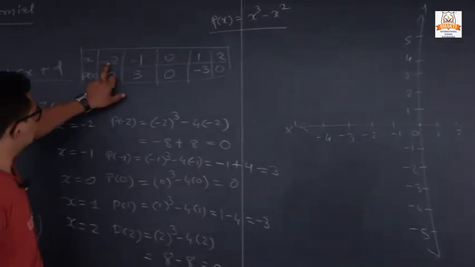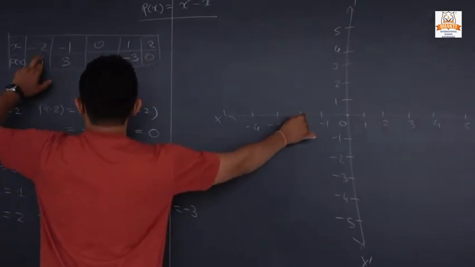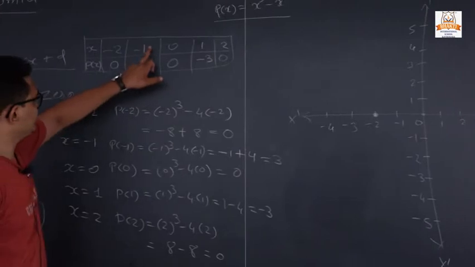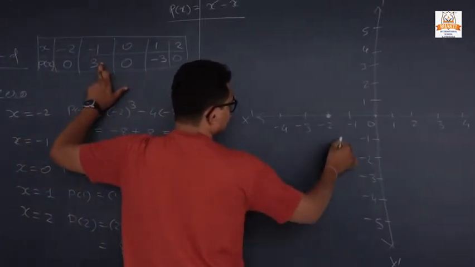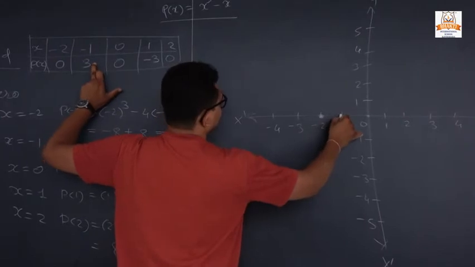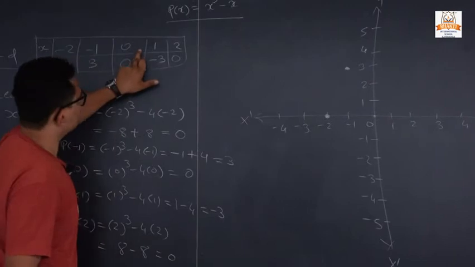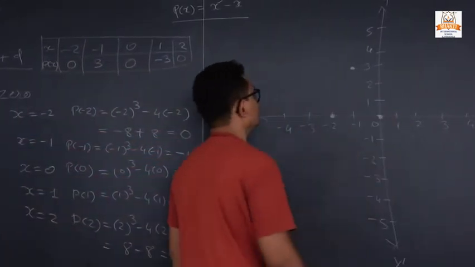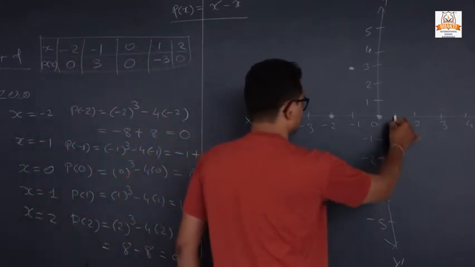Now we will take the different values. If we put x is equal to minus 2, the answer will be 0. Then at minus 1 we get plus 3. Then if we put 0, it is 0. And if we put plus 1, the answer is minus 3.